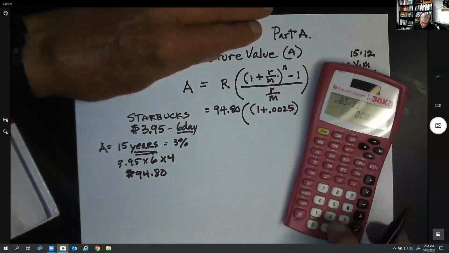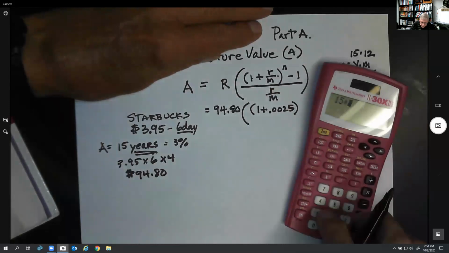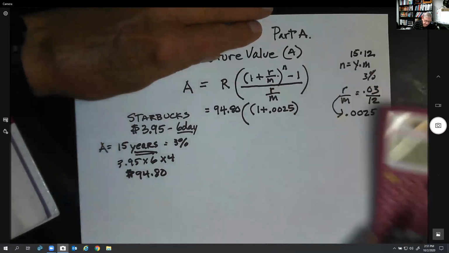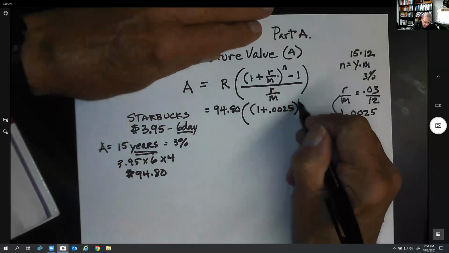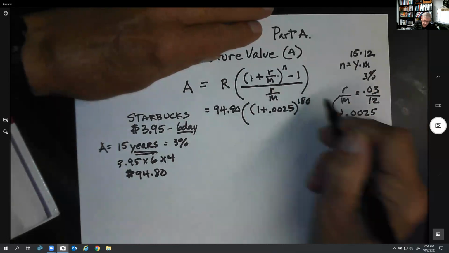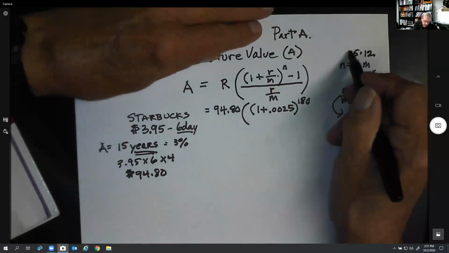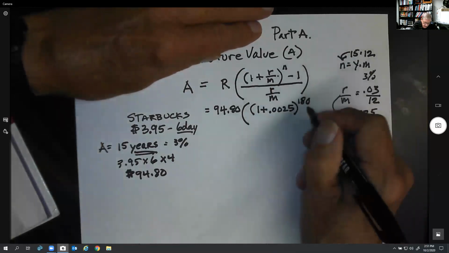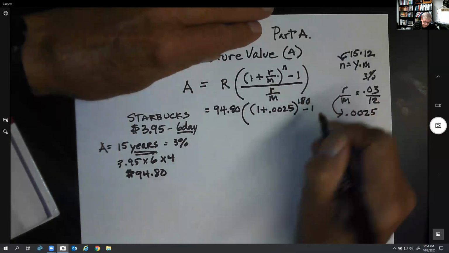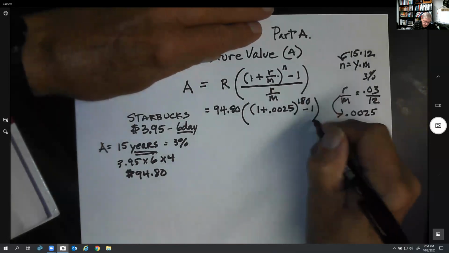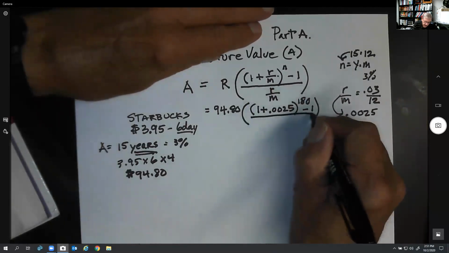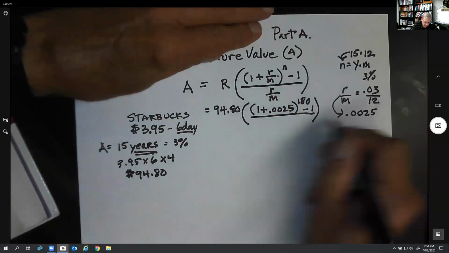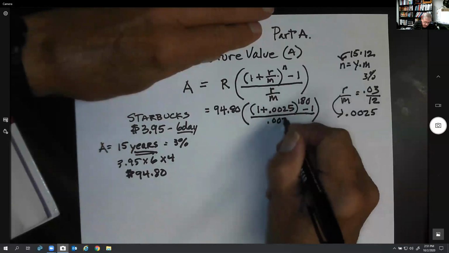So 15 times 12, 180. So that's the power we're raising it to. Not 15, but 15 times 12. That's what N is. Going to subtract 1. Then when we get done with that part, then we're going to divide it by R over M, which is 0.0025 again.